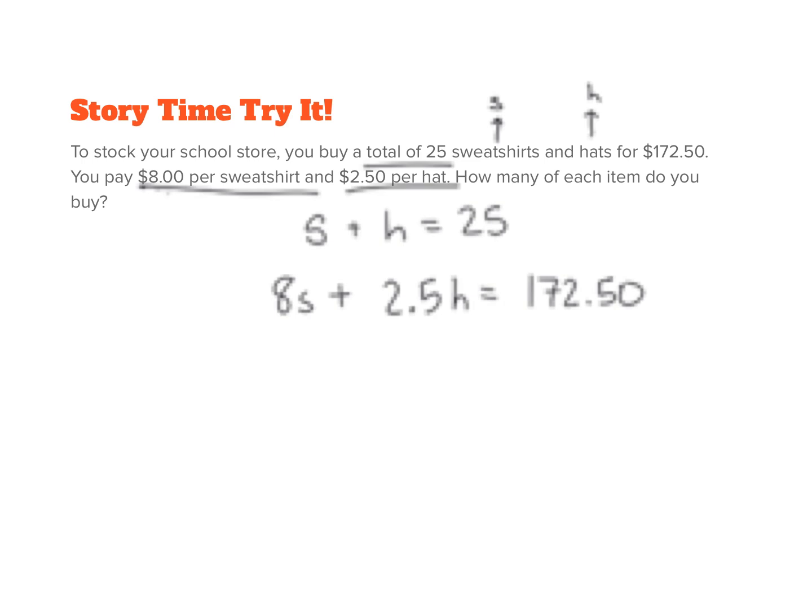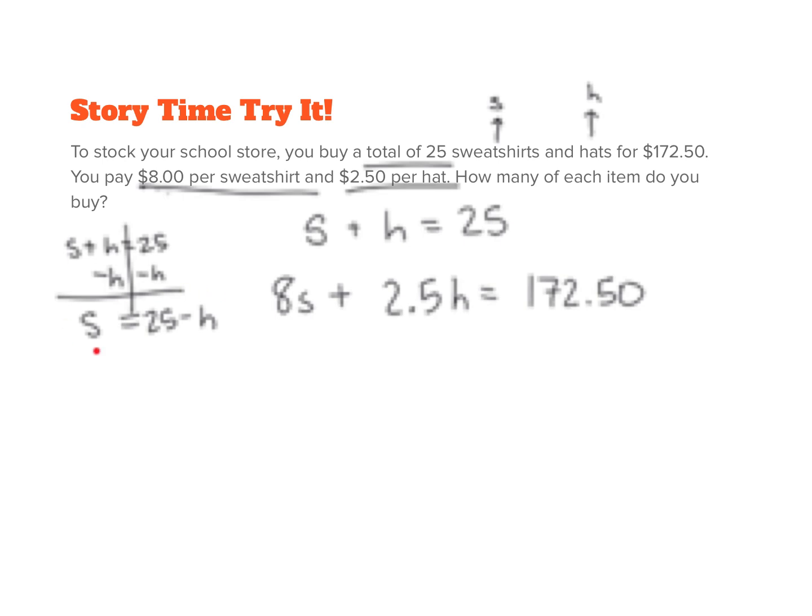Let's see. I am actually going to start and solve this for S. I need a minus H, giving me that S is just equal to 25 minus H, which kind of makes sense, right? If I buy a total of 25 things and I take away the hats, well, I'll be left with how many sweatshirts I bought.